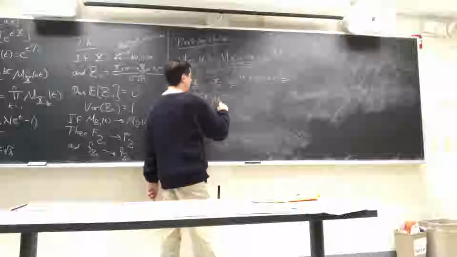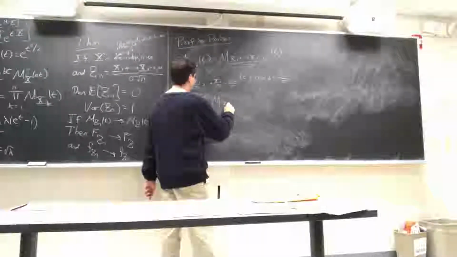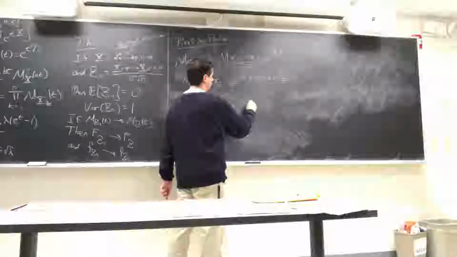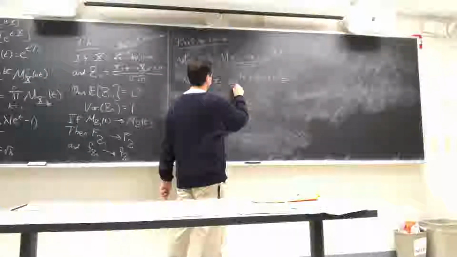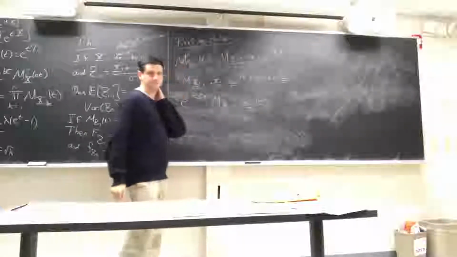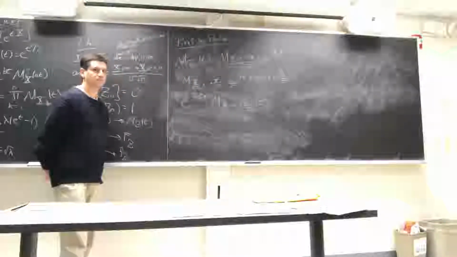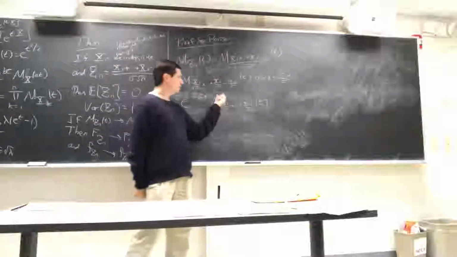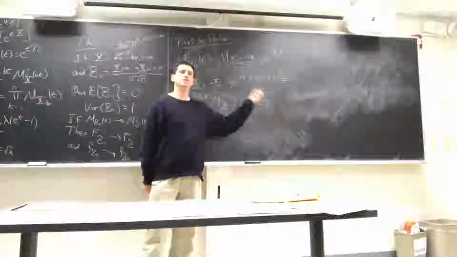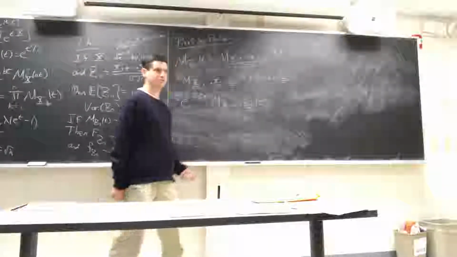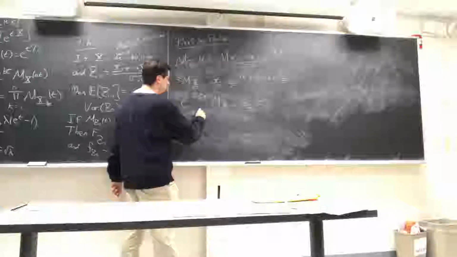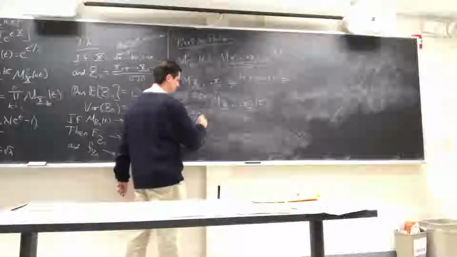And now I'll have the moment generating function of X1 over sigma root n plus ... plus Xn over sigma root n, of t. The next thing I'll do is I'll use that the moment generating function of a sum of independent random variables is the product of the moment generating functions. So this will be e to the negative square root of n mu over sigma t.